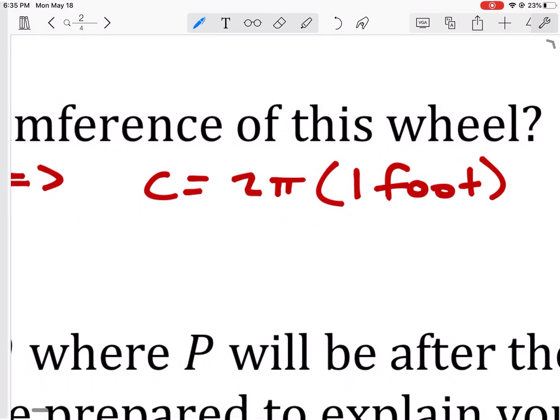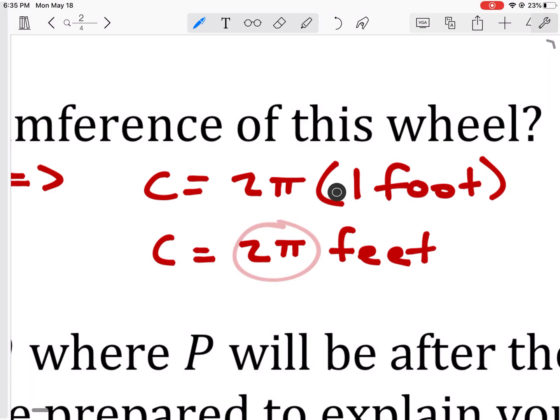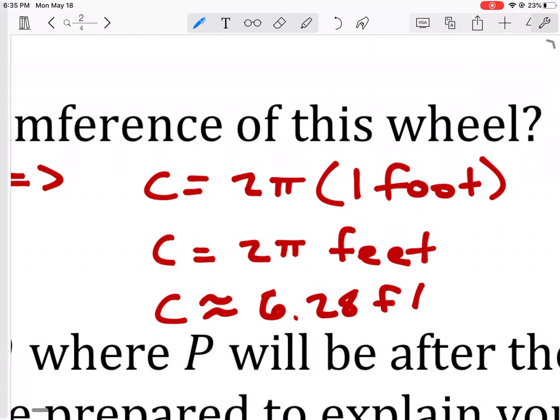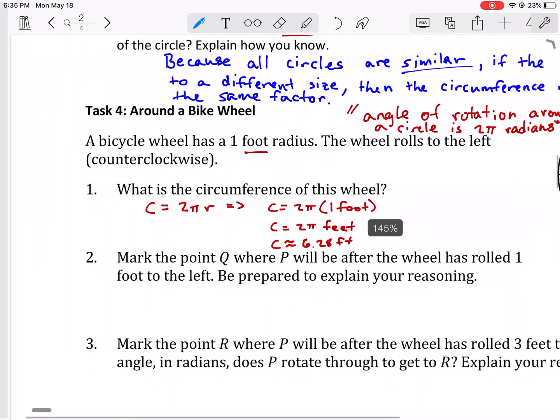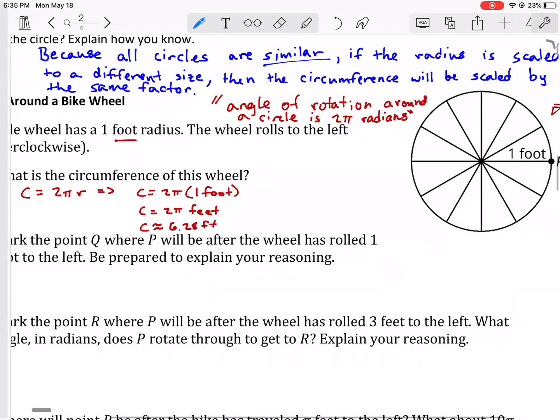Well, 2 pi times 1 is 2 pi. It will be 2 pi feet. Well, 2 times pi will be approximately 6.28 feet. So the circumference of this wheel is 6.28 feet.